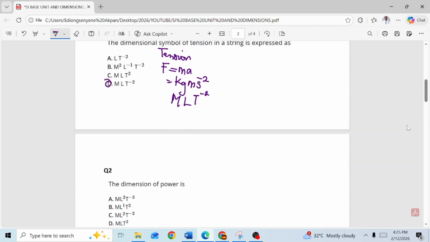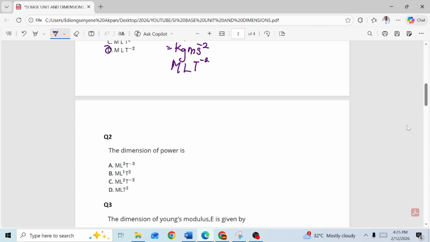Question number 2. The dimension of power is dash. Power is simply work done over time. That is force times distance divided by time.